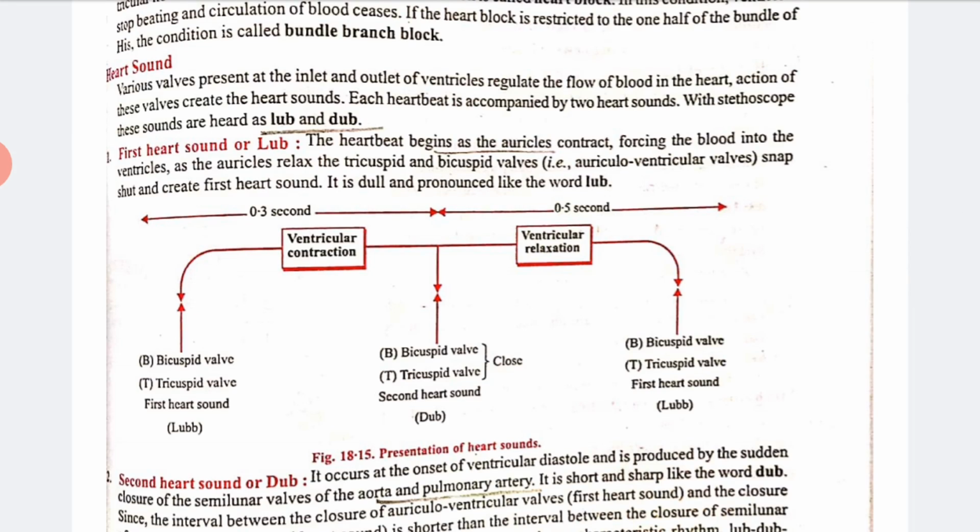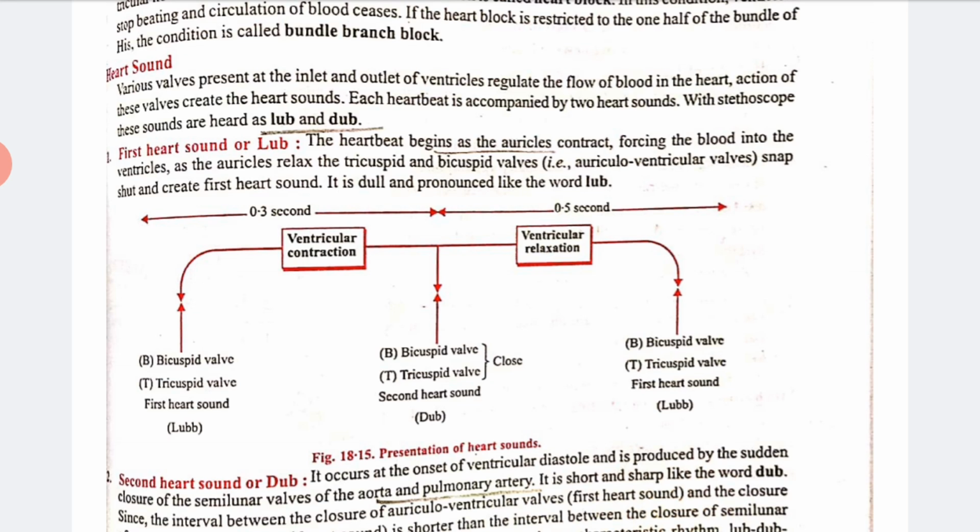Yes, heart sound. Various valves present at the inlet or outlet of the ventricle regulate the flow of blood in the heart. The action of these valves creates the heart sound, and each heartbeat is accompanied by two heart sounds, which we hear as lub and dub.